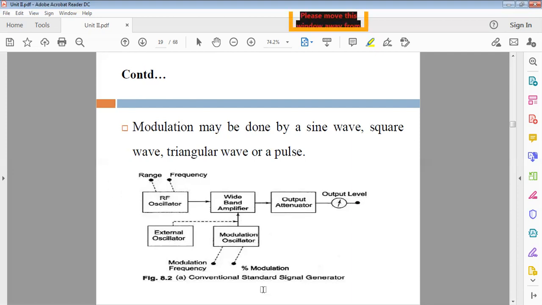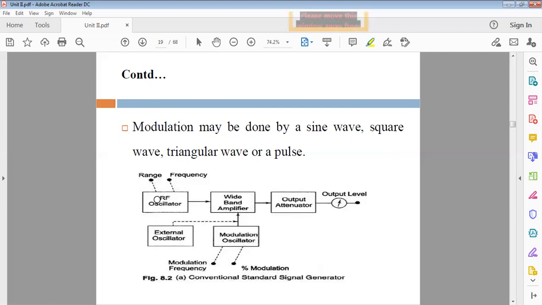On the front panel, we have the range and frequency controllers. The range knob is used for controlling the range of the frequency, and the frequency knob is used for changing the value of the frequency. Next, in the modulation oscillator, you can also change the modulation frequency by using this knob and percentage modulation with this knob on the front panel.